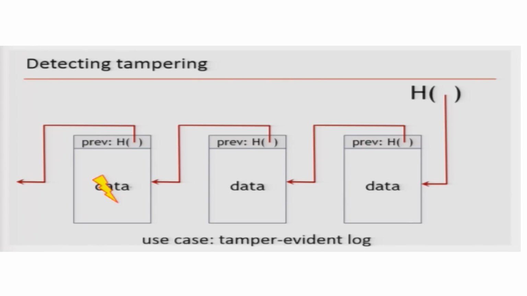So, therefore, the perpetrator, the person attacking this system, also has to go and change it here. As soon as he changes it here, since this is part of this big block, this hash has to be changed. Then he has to go and change the next block's hash also.